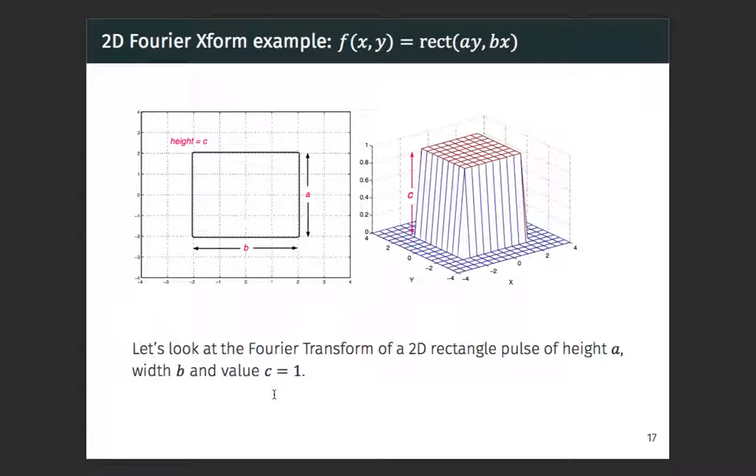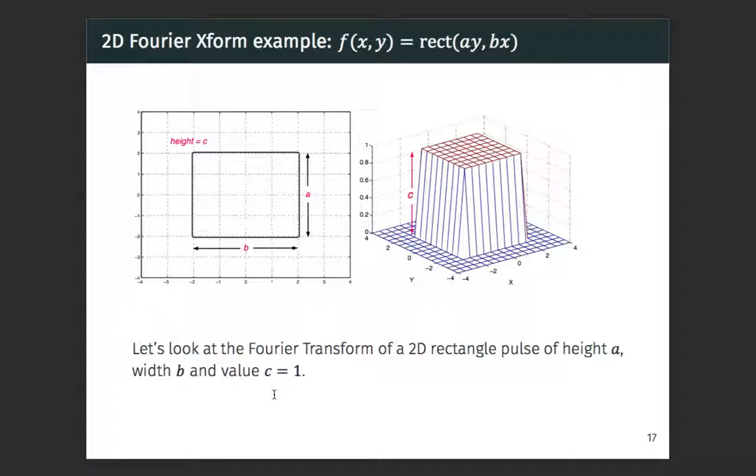Right, so let's look at the basic example, and because we're working with signals, at some point we're going to use this kind of pulse function, okay? In 1D, the pulse was just 0 everywhere, then 1 for a particular length of time, and then comes back to 0. But here we're working in 2D, so really what you have is some kind of rectangle that is elevated and 0 everywhere.